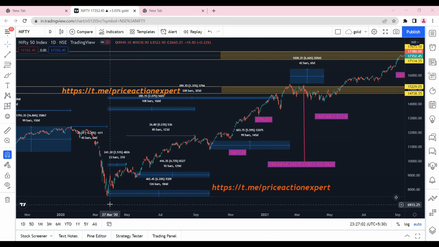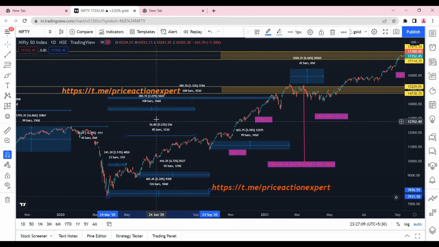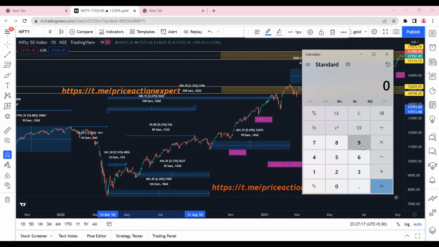Next we are going to take this low to this low. It's 184 days. We are going to take 160 days here from this low to this high. So we are going to do 184 divided by 160. Let's go 1.54 multiplied by 184.